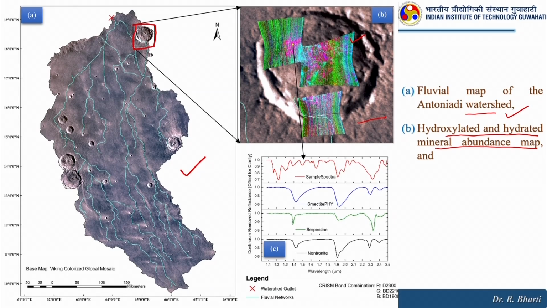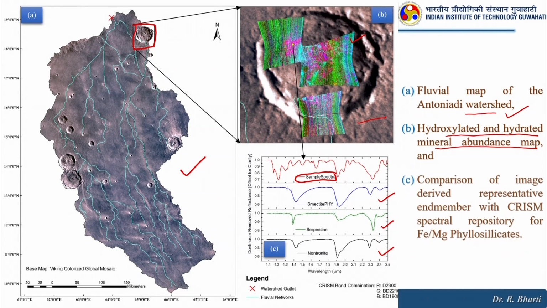You can see here this is a crater. Now, on top of this crater we have got only 3 scenes of CRISM which were good. So, we have used those, and then we have done the spectral analysis, and we found that this is the spectra of your image and these are the spectra of your library, right. So, these were analyzed and the comparison was done.